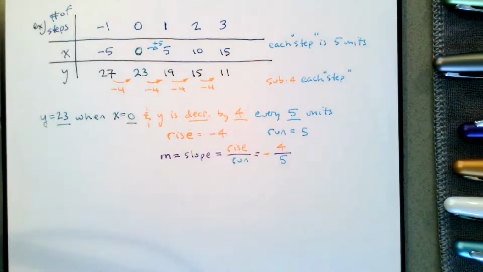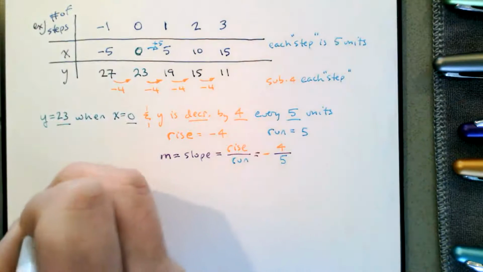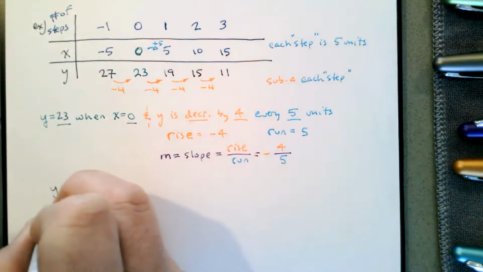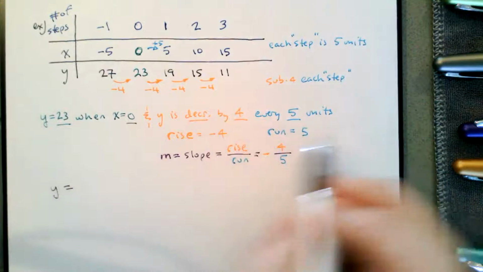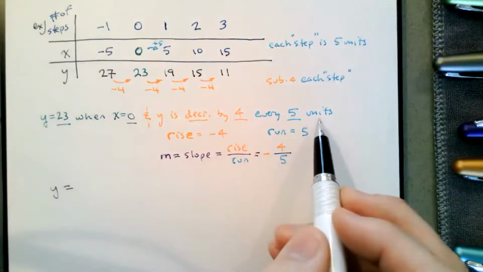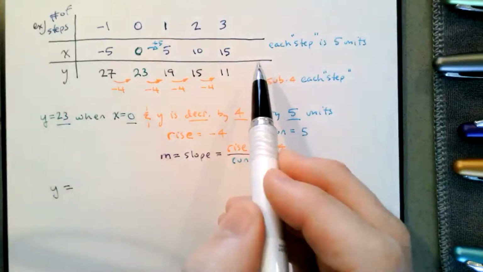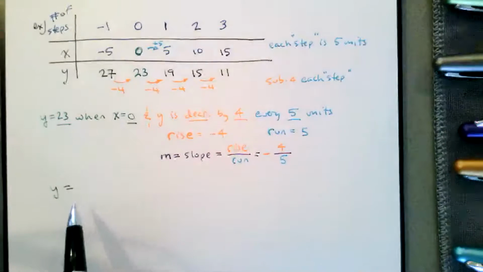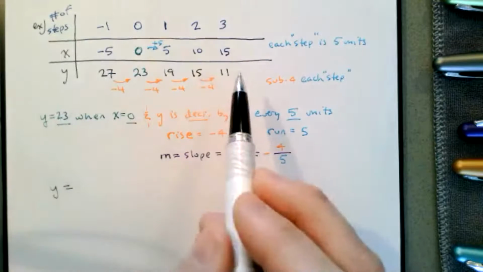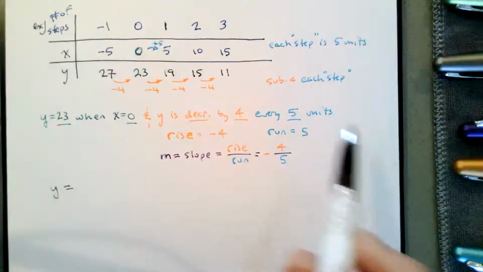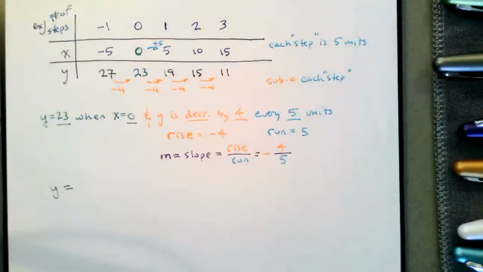Now we can see what the equation should look like. So we're going to write y equals b plus mx. To encode this sentence into an equation, this sentence is a description of what's going on in the table. And so now I want an equation that describes what's going on in the table. I want this equation to describe this sentence.